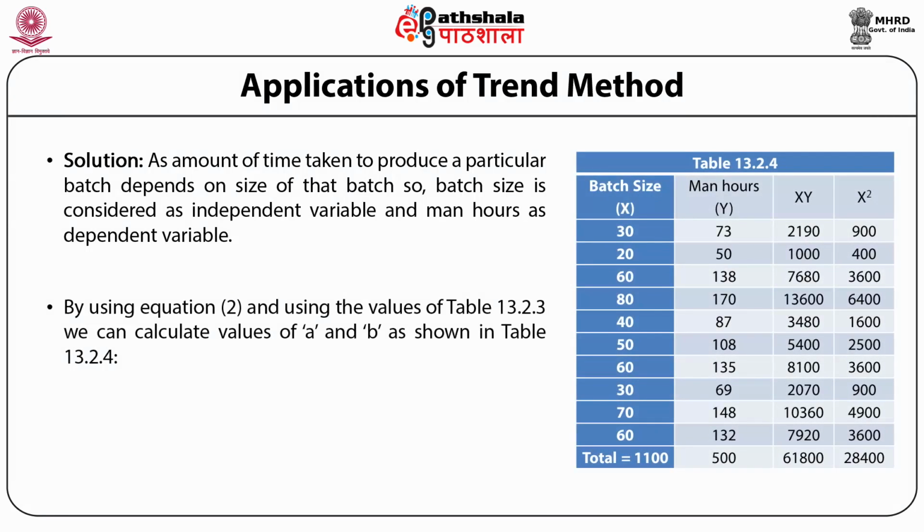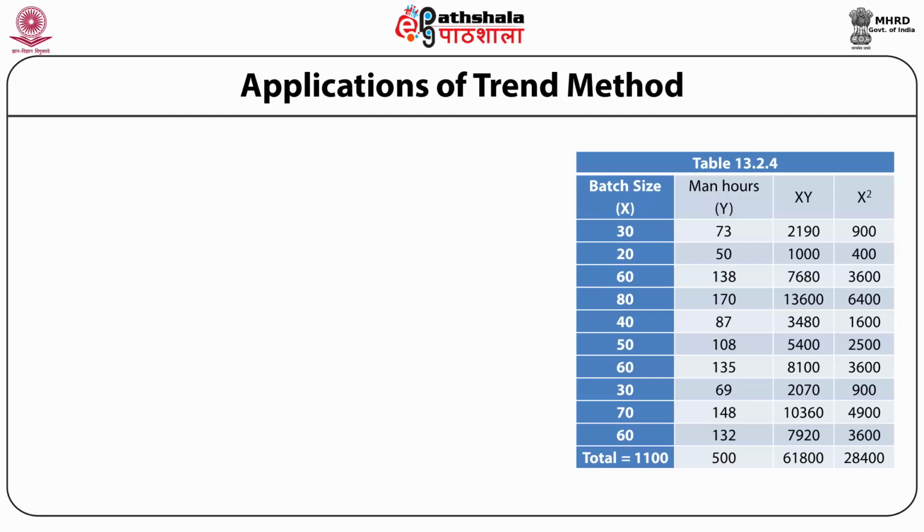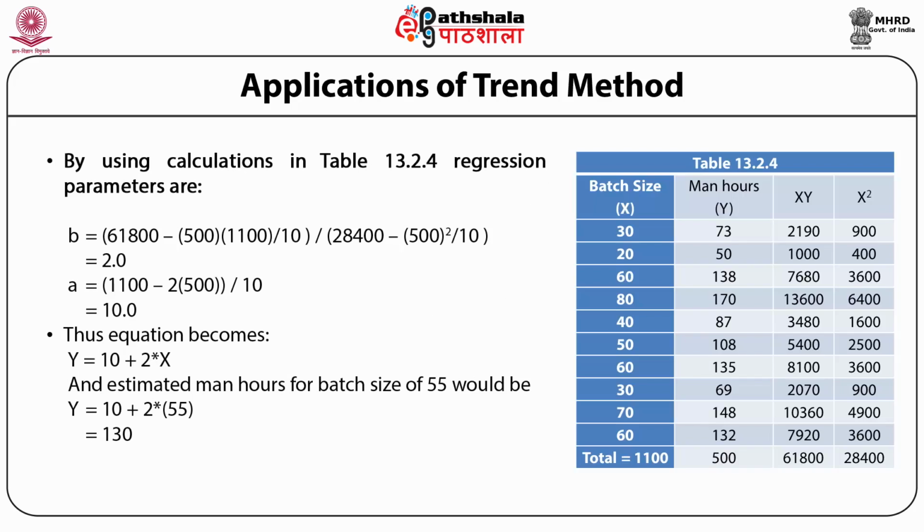By using equation 2, which was discussed in application 1 of the trend method, and using the values of the above table, we can calculate the values of A and B. The value of B by using the explained formula comes out to be 2, whereas the value of A comes out to be 10.